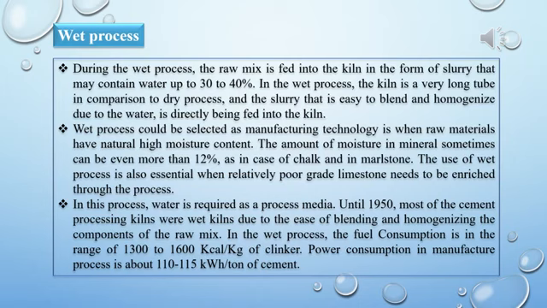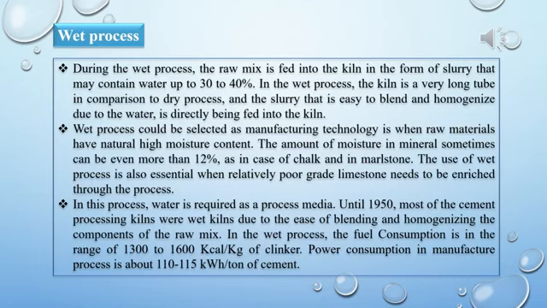So students, these were the three important points of wet process. In the first point, he explained that you can use wet process when there is 30 to 40% contamination of water in your raw material. And in the wet process, the slurry of raw material is fed directly to the kilns.